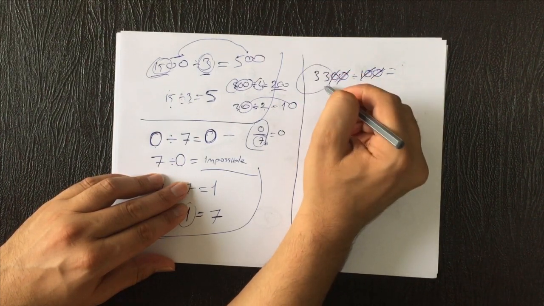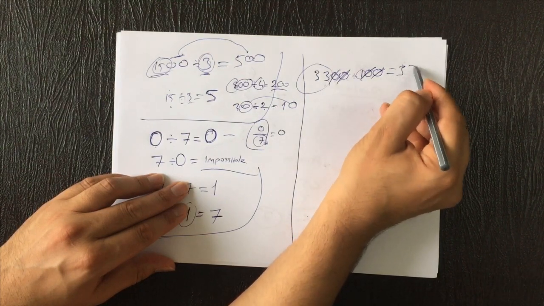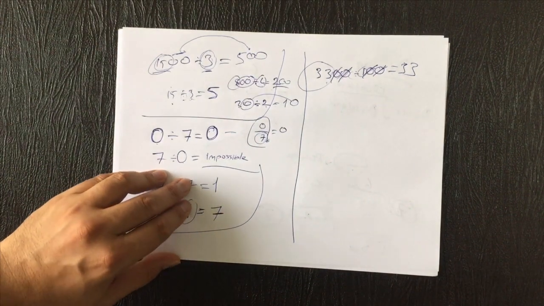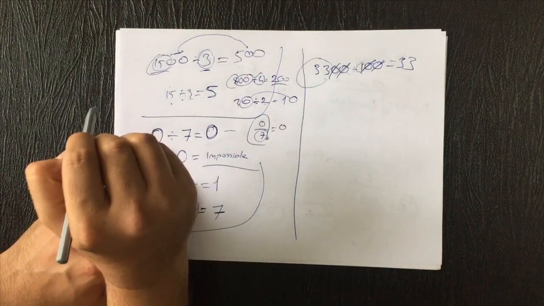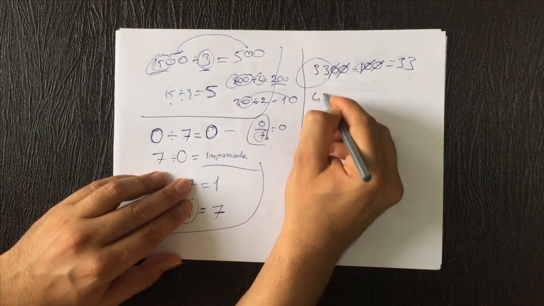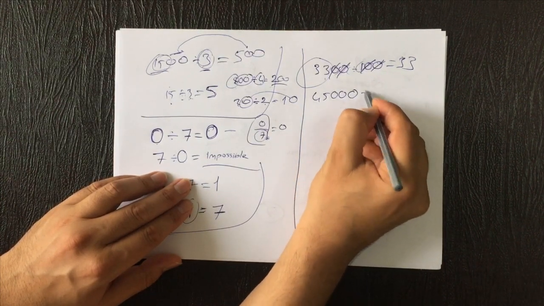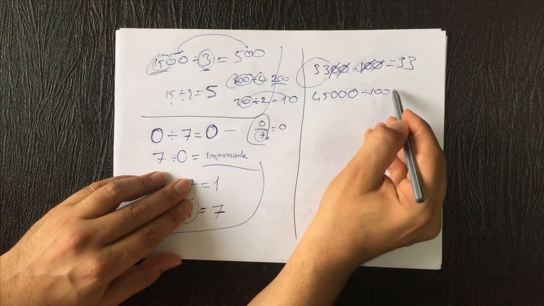Okay, 33 divided by 1, it is 33, of course. And then secondly, for example, another: 45,000 divided by 100.